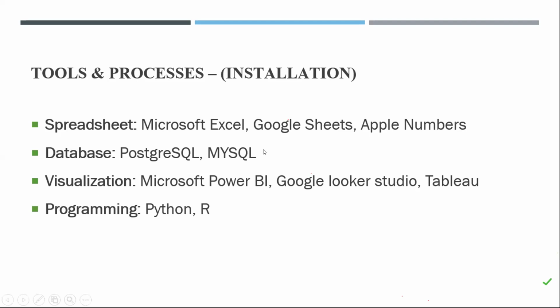Then the visualization, of course, like I told you, this is where you create your picture, your business intelligence tool. This is where you find those charts, even though it's in Excel. So you can also use Excel to create. We are going to create a dashboard using Excel when we get to pivot table. But for now, the most suitable way to create your visual is on Power BI, your Google Looker Studio, or your Tableau. Then, of course, Python and R for programming.